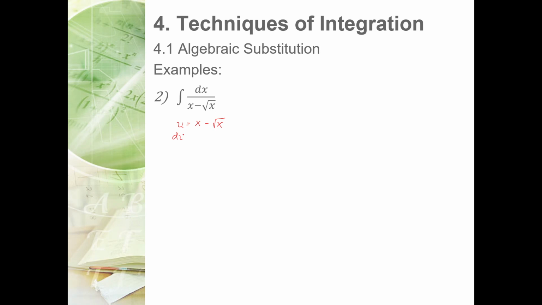So du is equal to dx, and then minus 1/2 x to the power of negative 1/2 dx. It's a difficult expression, more difficult instead of making it an easy expression.